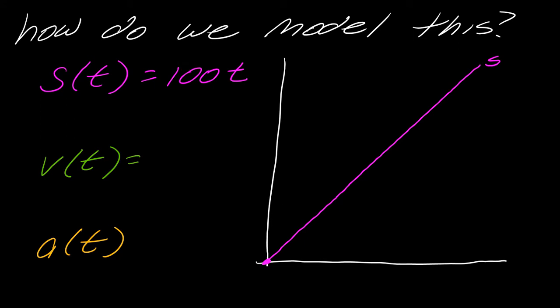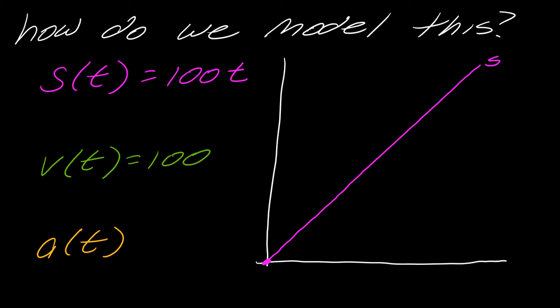So here's what motion looks like when you're moving at a constant speed from a really algebra perspective, not even necessarily calculus. Now, let's think about the idea of velocity. If I wanted to figure out what velocity I was actually moving at, and I know my position function, well, I could just take the derivative of this. So what is the derivative of 100t?